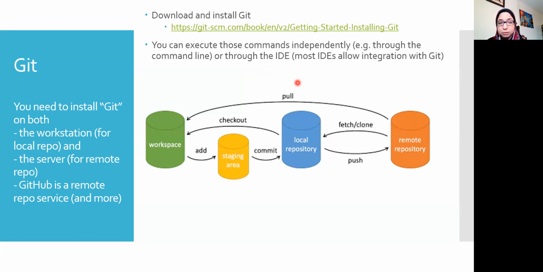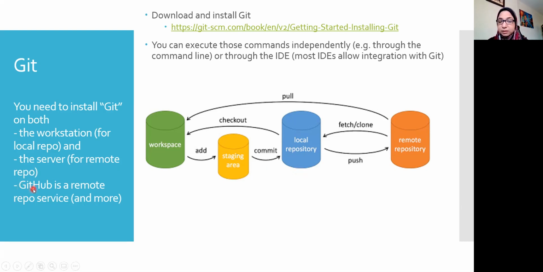With Git, you need a remote repository and a local repository. If you're working in a company, you can allocate a workstation as the server, install Git on it, and everybody treats that as the remote repository.